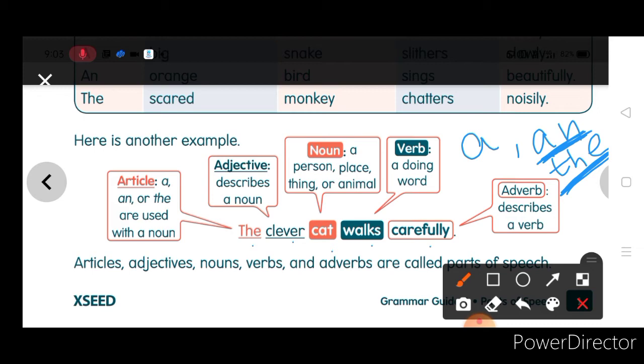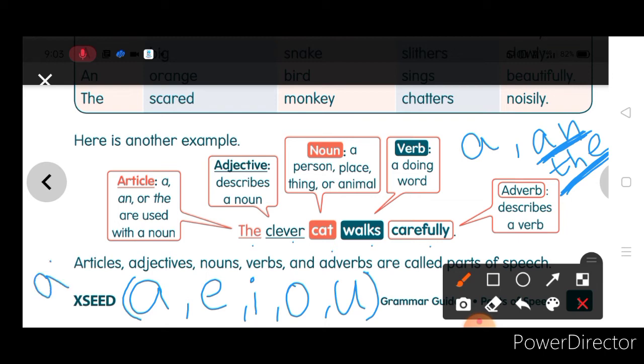If any word is beginning with a vowel, A, E, I, O, U, these are the vowels, or the sound, in such cases we will use an.